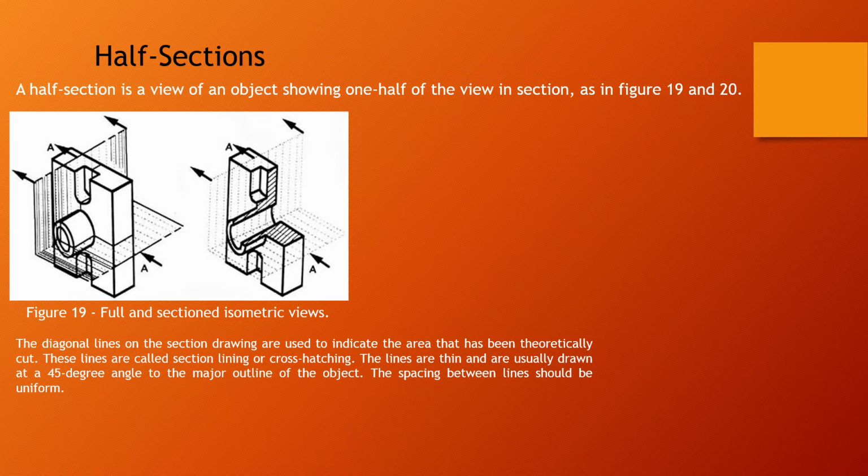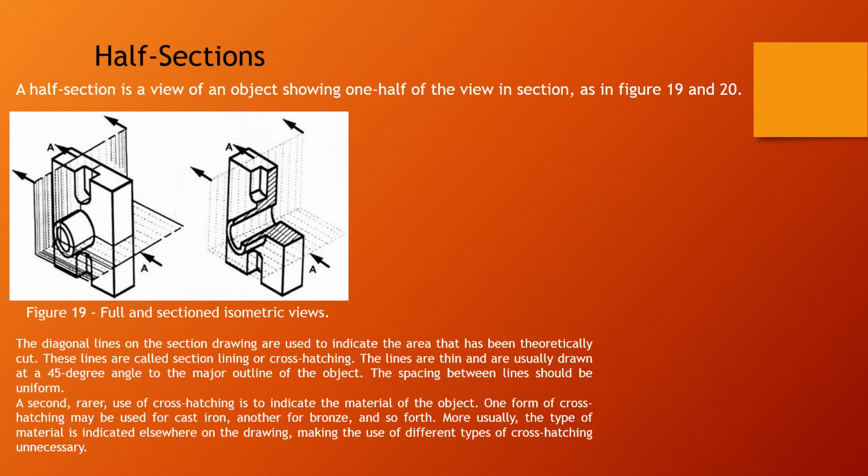These lines are called section lines or cross hatching lines. The lines are thin and are usually drawn at a 45-degree angle to the major outline of the object. The spacing between the lines should be uniform.